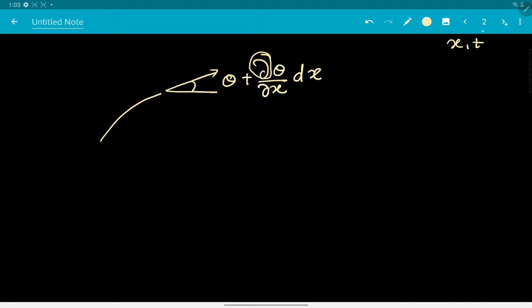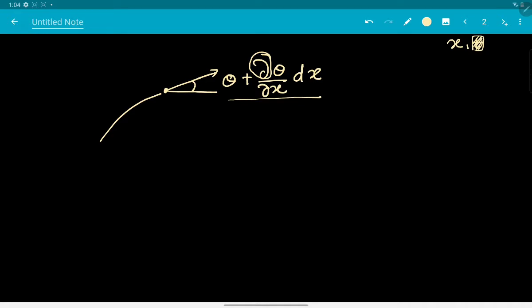But right now we are freezing this time variable. We are assuming that we are taking a snapshot at a certain time instance, and what is happening at that time instance is of interest to us. So this is going to be the value of theta at this location.